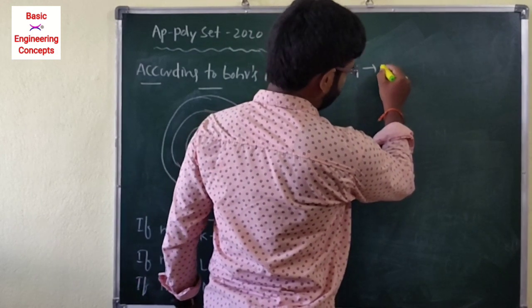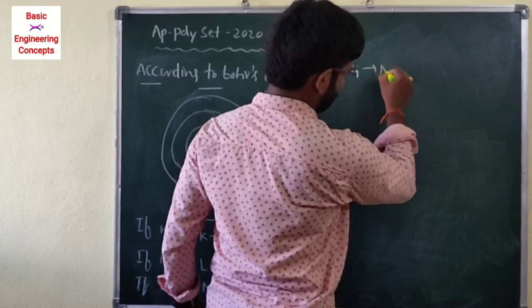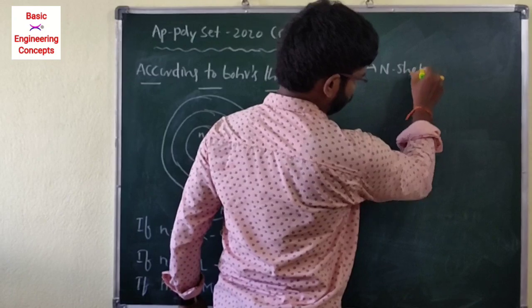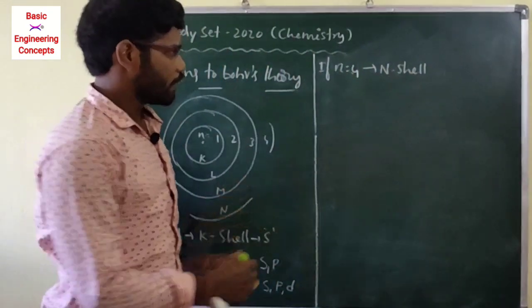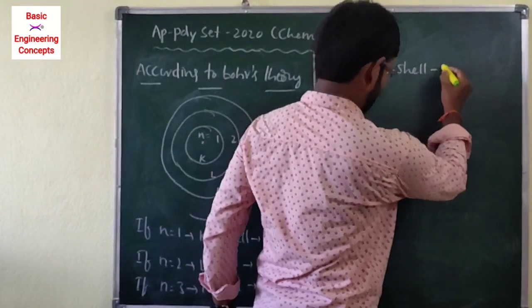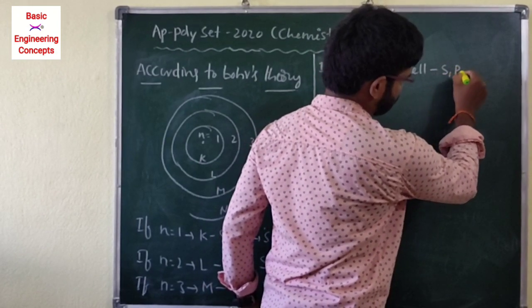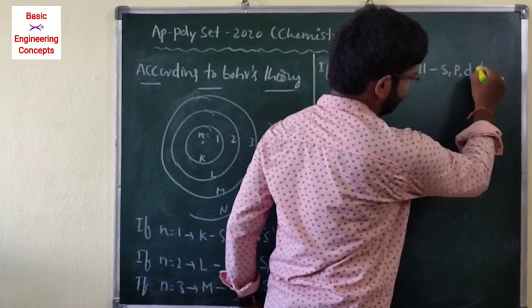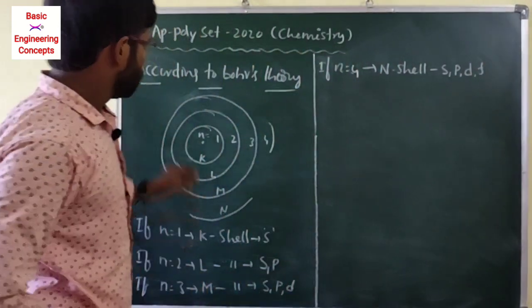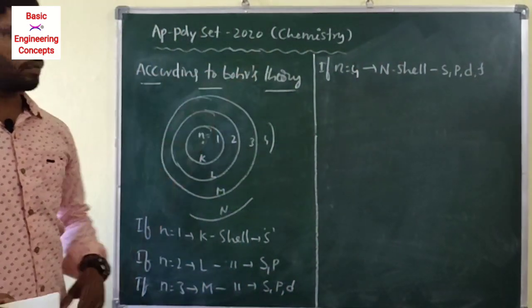If n equal to 4, it is the N shell, which contains 4 subshells: s, p, d, f. This is according to Bohr's theory.